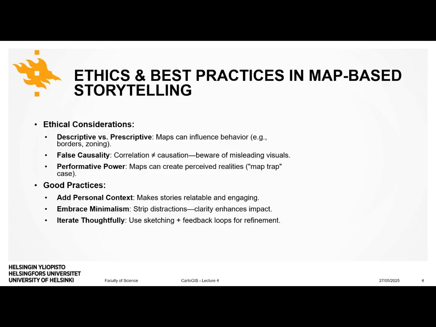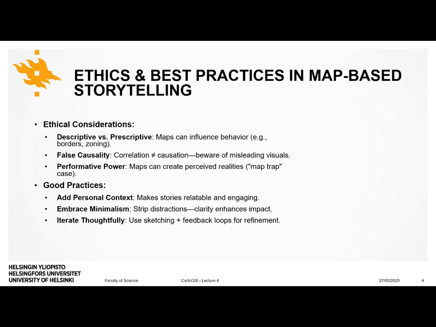Maps can influence behavior. This is something we talked about already a couple of times, that with maps you can affect things. They have political influence, they can influence people's behavior. For instance, there is a discussion going around in the urban domain that people's choice of routes has changed drastically in cities, because most people are using navigators.